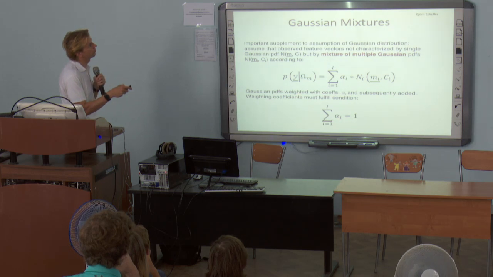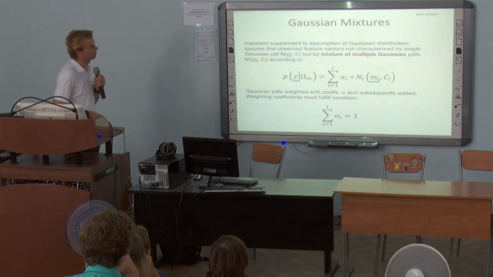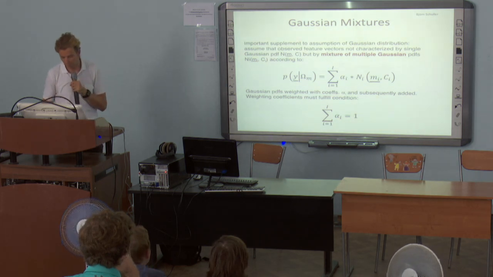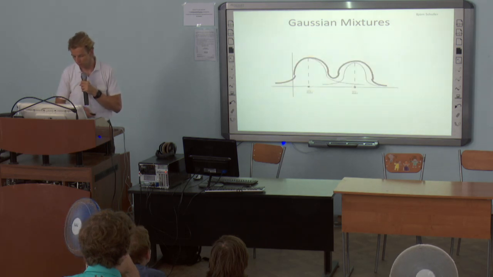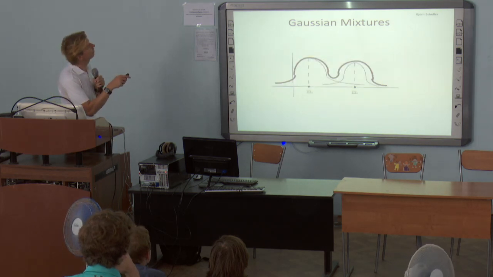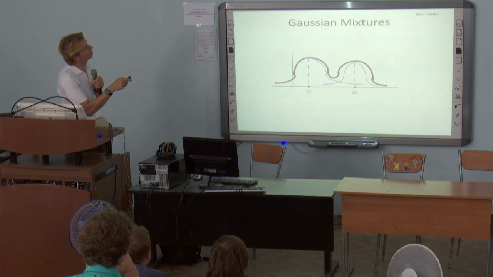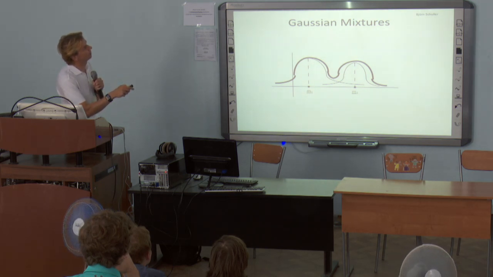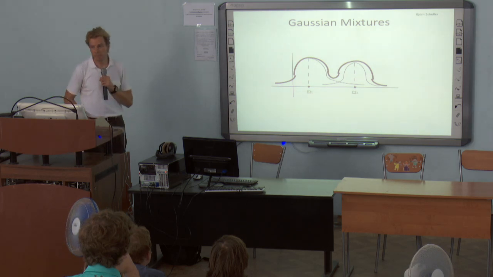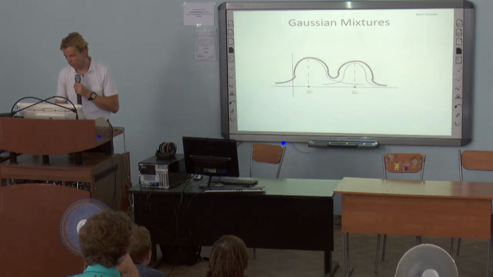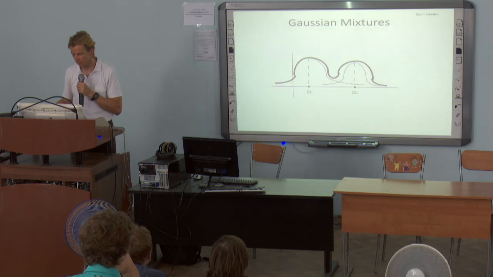Of course, the weights have to sum up to 1 to fulfill probabilistic side conditions, and what it looks like is like this. So you have the mean vector and then a deviation of covariance in a multidimensional case of added Gaussians, and so you're not only assuming a single Gaussian, but you can then, as you can imagine, match much more complex probability density functions.